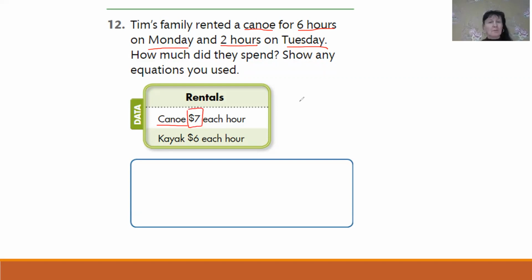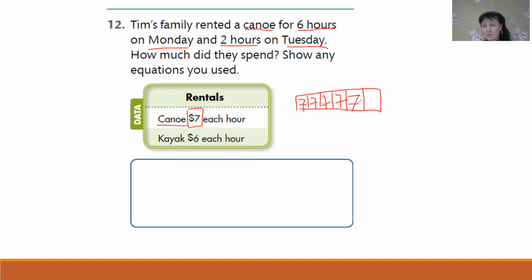If you want, you may draw a bar diagram. So you draw 1, 2, 3, 4, 5, 6 hours, and every hour they paid $7, and again $7, and again $7, and 7 and 7.